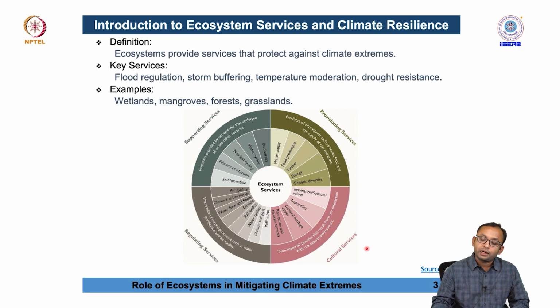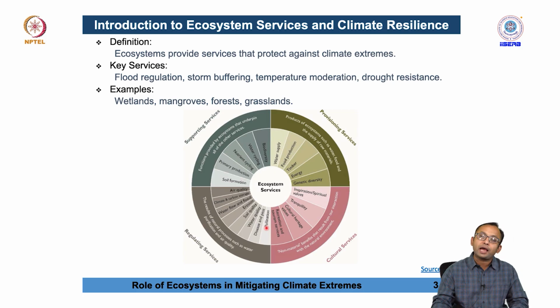Cultural services include recreation and tourism, cultural heritage, tranquility, and inspirational or spiritual values. Regulating services include air quality, climate and carbon sequestration, water flow and flood, erosion, soil quality, water quality, disease and pest control, and pollination.